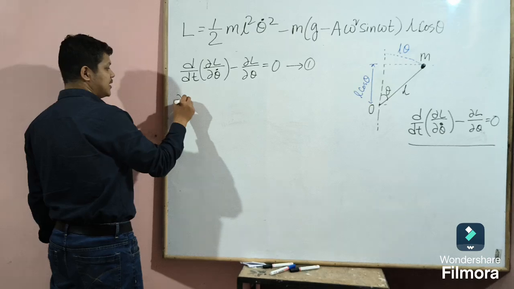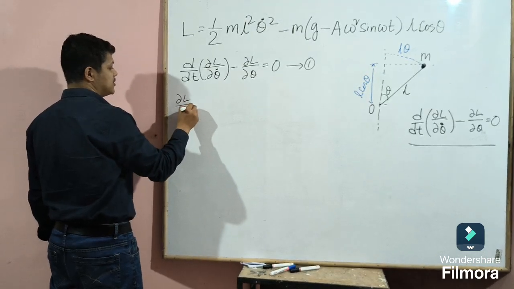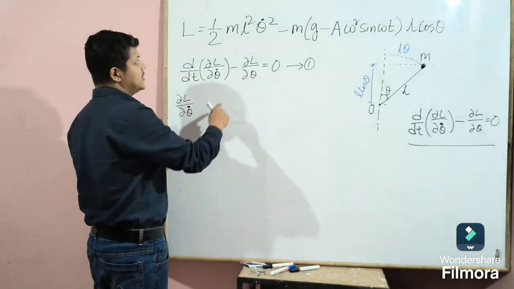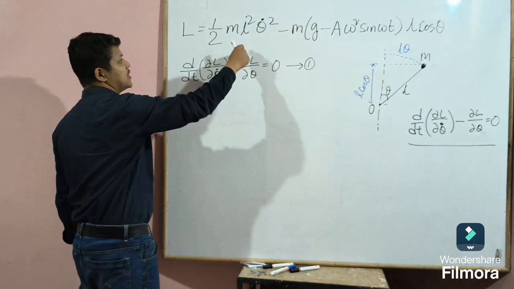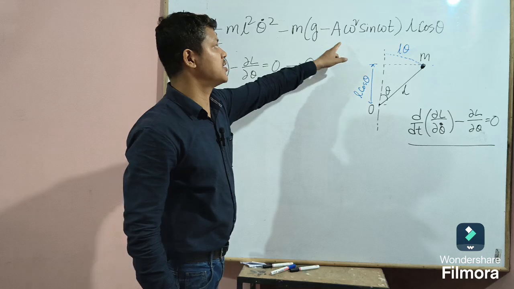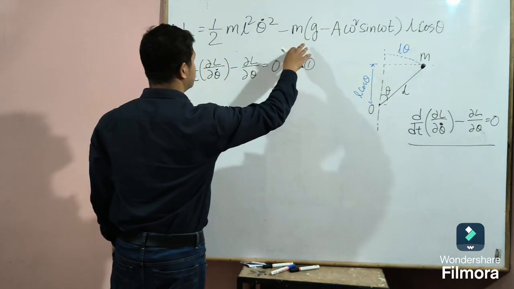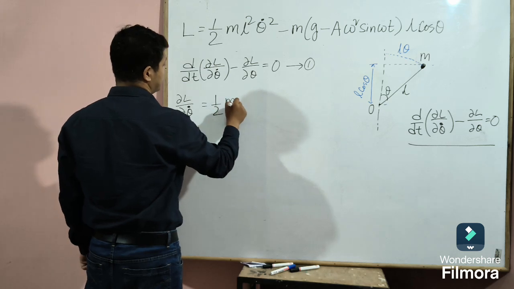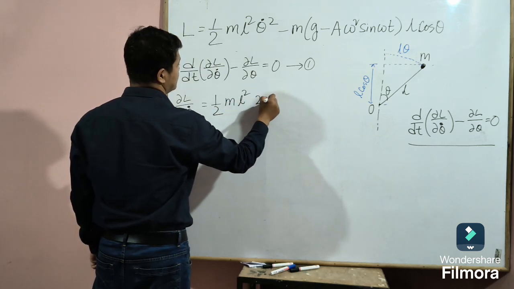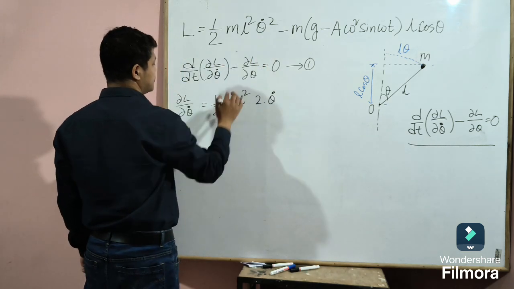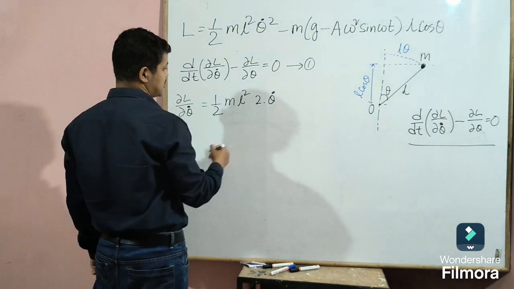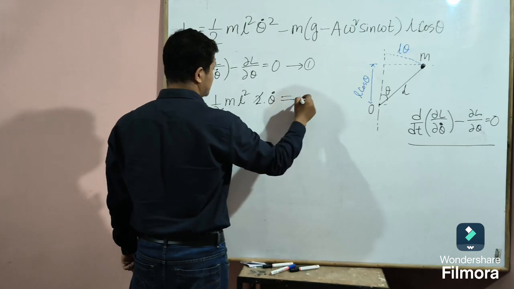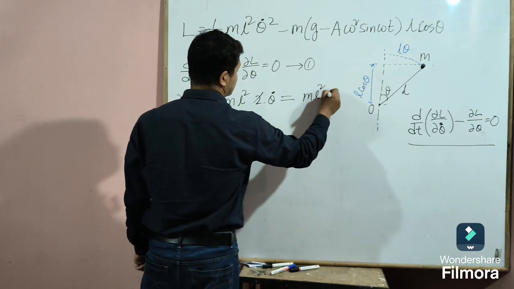Now let us find del L by del theta dot. If you differentiate it with respect to theta dot, then what you gonna get? This part is only a function of theta dot, and this part is not a function of theta dot. That's why that part gonna be equal to 0, and this part will be half into m l square into 2 theta dot, and the 2 cancels. So you're gonna have m l square theta dot.